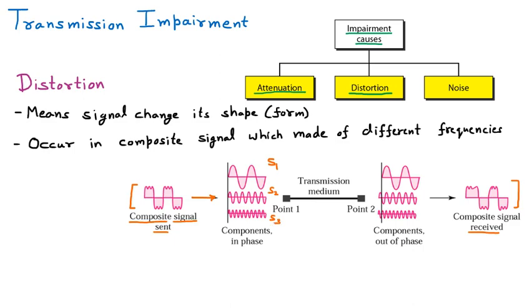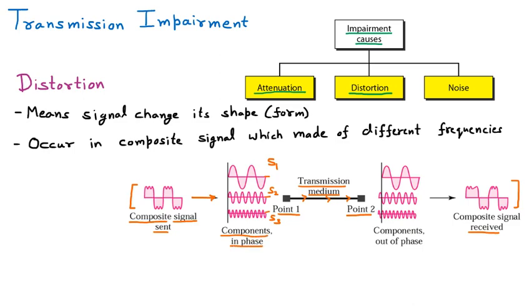These are the three signals which we are sending, and they have different frequencies. These three signals are combined at point 1 and sent through the transmission medium to point 2. This is the transmission medium through which we are sending these signals, and S1, S2 and S3 are the components of the composite signal.